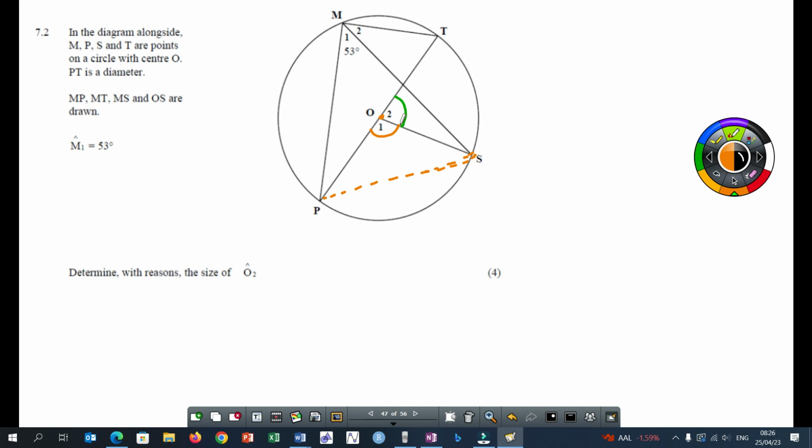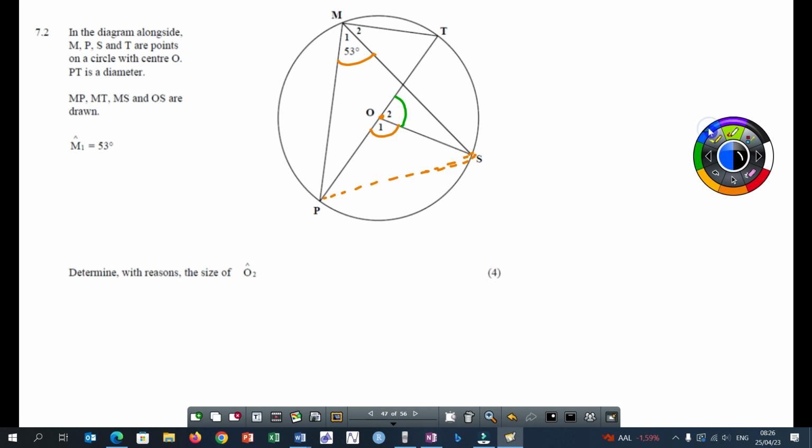Now, for the same chord, you must also check, does it subtend any other angle? Yes. Which angle? M1. You're almost done now. So, angle at the center, O1, is 2 times angle at the circumference, which is M1.